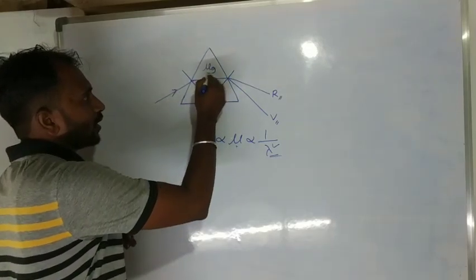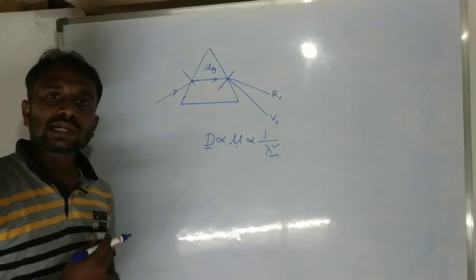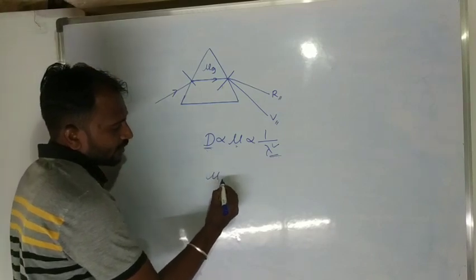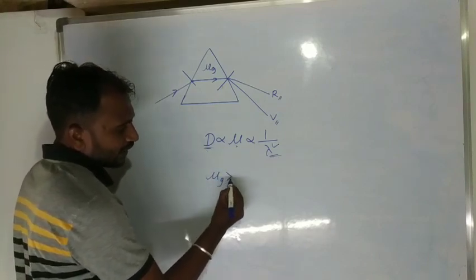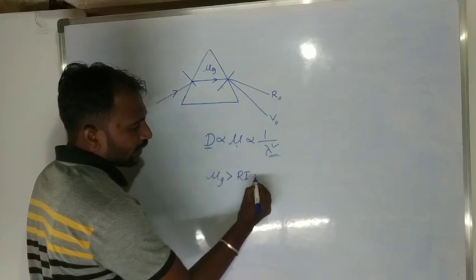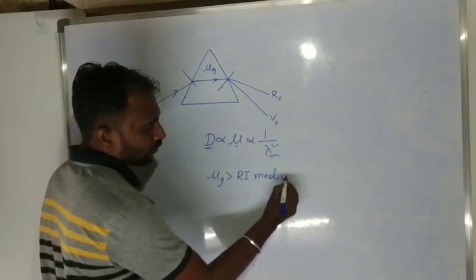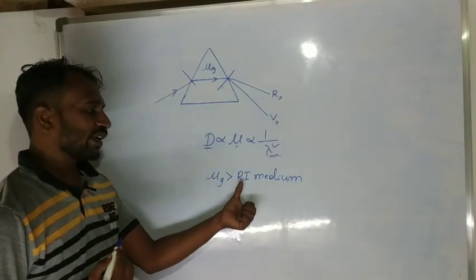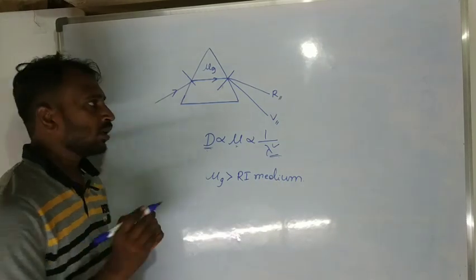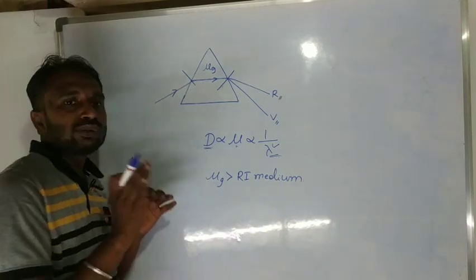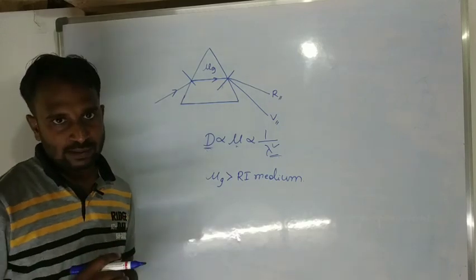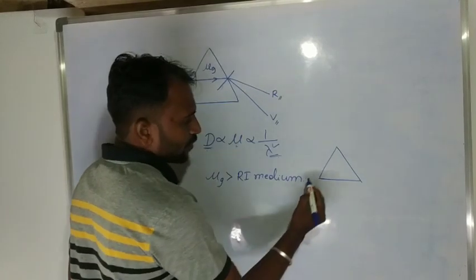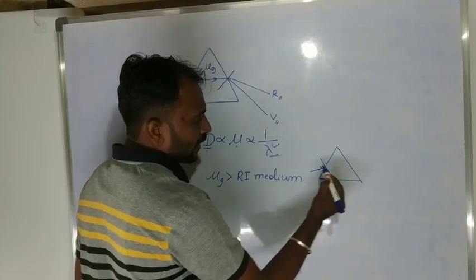Here we consider that mu g is the refractive index of the glass, the material of the prism. When the refractive index of the glass is greater than the refractive index of the medium, then the refracted light ray bends towards the base of the prism. Here this is a prism, the incident ray, and this is the normal.